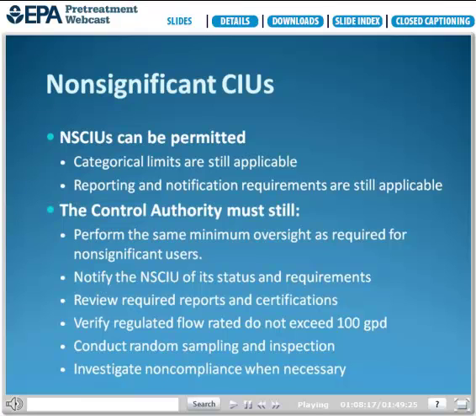The control authority, however, at its own discretion, may issue a permit. I've seen a number of permits where a control authority has issued a permit which indicates that you shall not discharge this categorical waste without notification and a requirement to comply with the regulations.